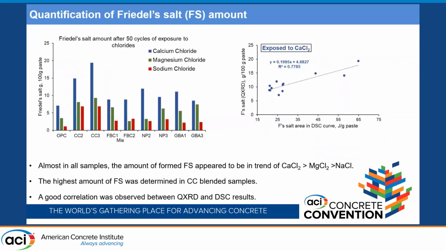As a result, here you can see the amount of Friedel salt formed after the 50 cycles of exposure to the chlorides. The highest amount was formed in the case of exposure to calcium chloride, followed by magnesium chloride, and the least in the case of sodium chloride.